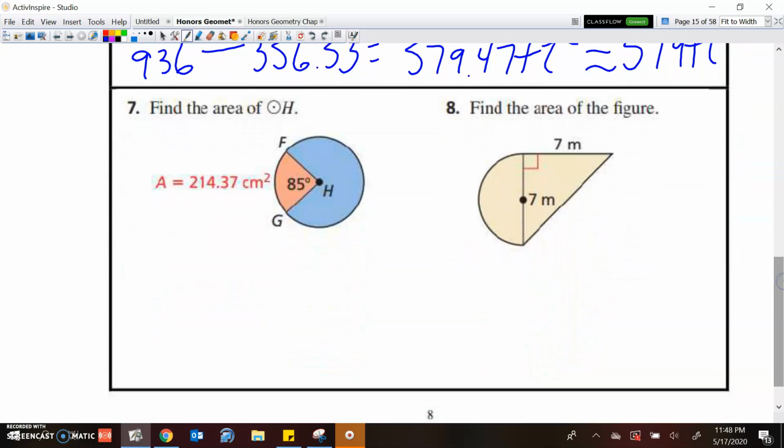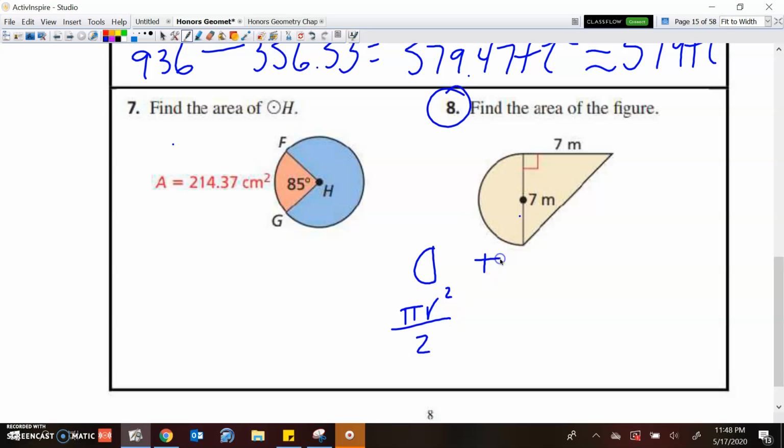We already did a lot with area, so just one more where we take a look at the area of a figure. If we look at number 8, I'm going to find the area of my figure in half pieces. So I'll find the area of the semicircle. This means I have pi times the radius squared, but it's only half of it, so over 2.